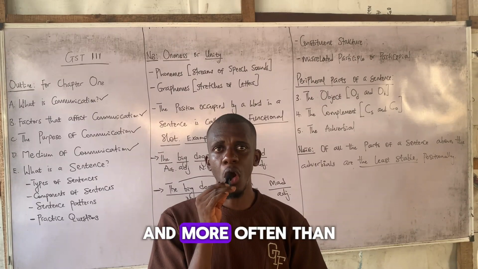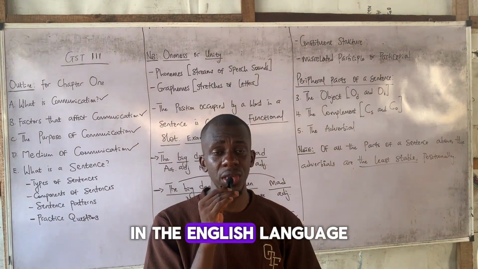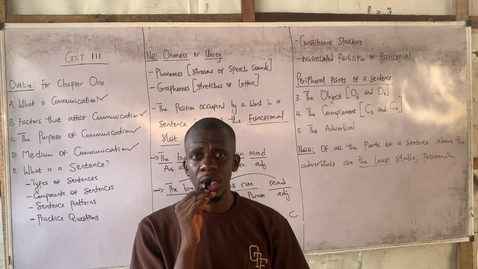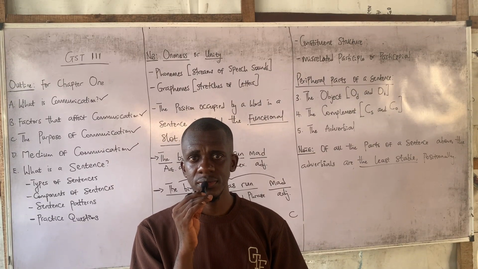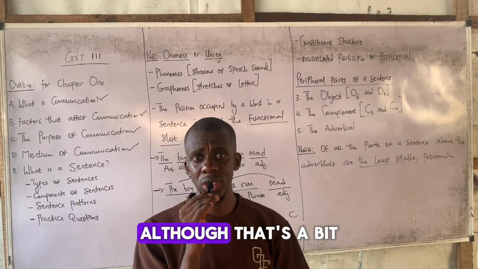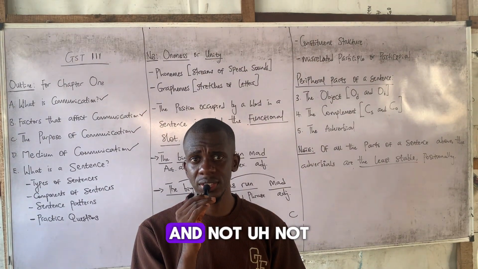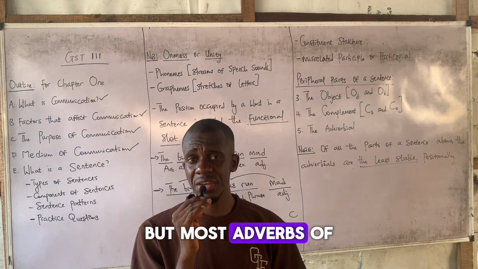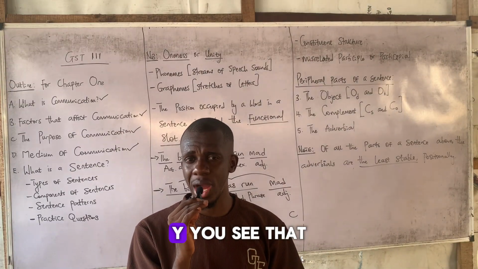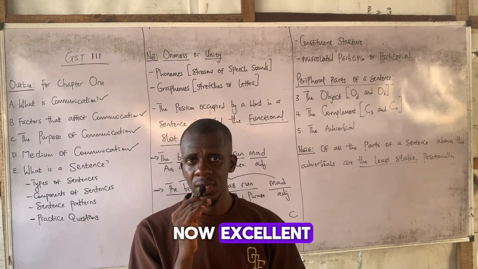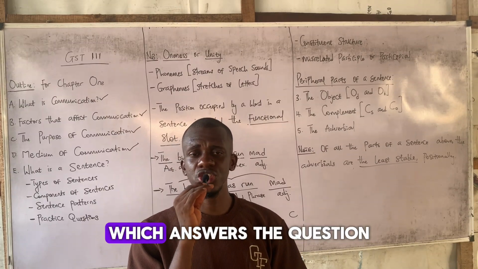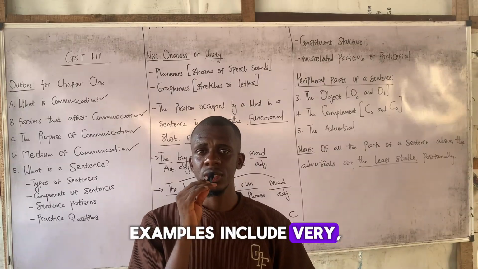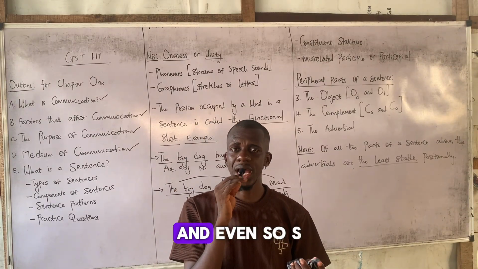More often than not, adverbials of manner in the English language end with a suffix known as ly, e.g., slowly. You see that now, fastly, although that's a bit esoteric now and not so much in usage. But most adverbials of manner end with ly. You see that now? Excellent. We have adverbials of degree, which answer the question how often. Examples include very, too, and even so.